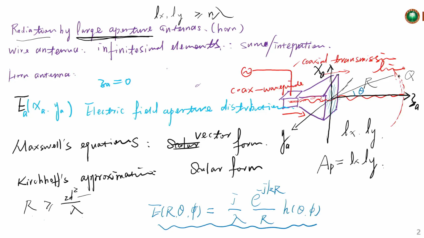And then how do we get the expression for H theta phi? H theta phi has its own expression. I will not show how to obtain that, to save time.